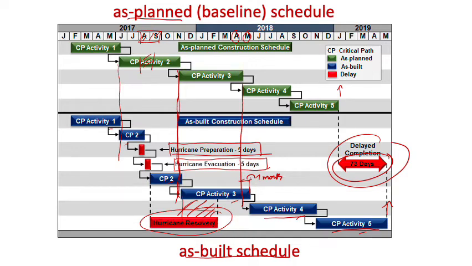All right. So now let's say what are the reasons why activity 4 and 5 was delayed? How do we know? The answer is we cannot know the reason why, but we can guess. So there are potential reasons why activity 4 and 5 get extended. It could be because the original production rate is much lower than the actual.